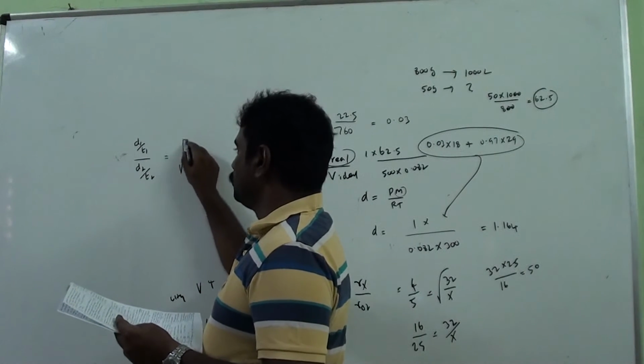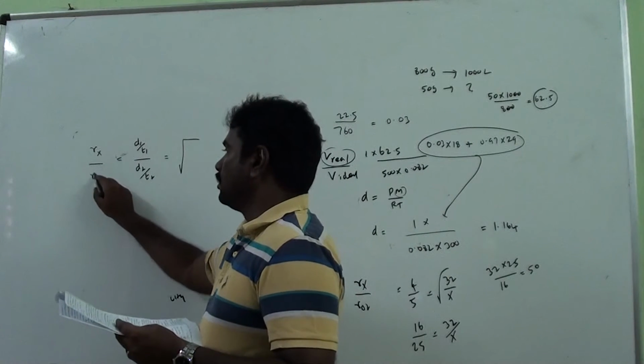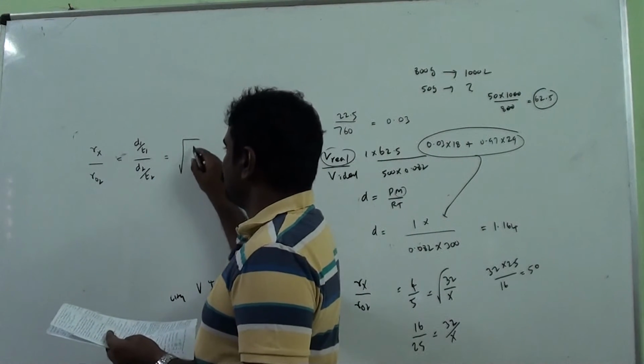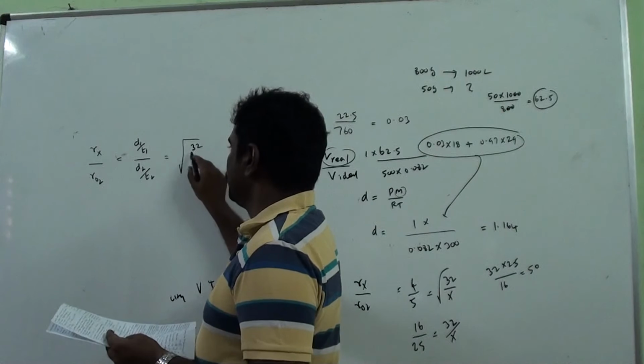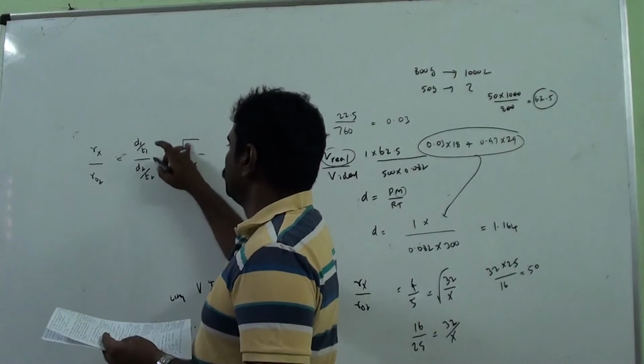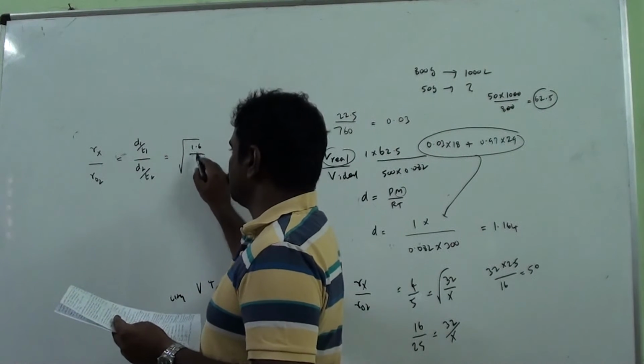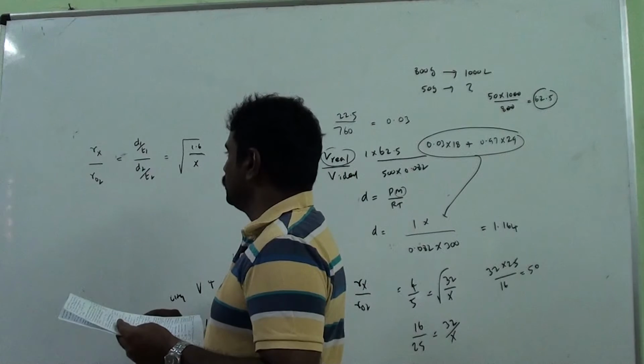This will be equal to the root of Rx by R1. This will be 32 by that molar mass, that is, square root of density ratio. Our oxygen has density 1.6, so the density of X.